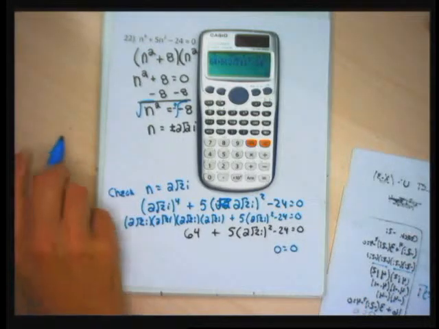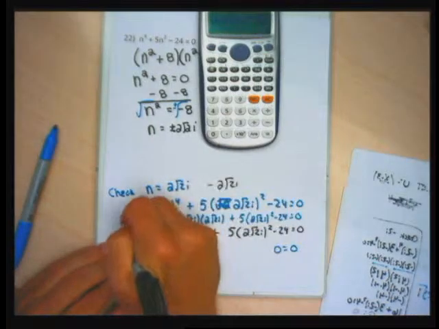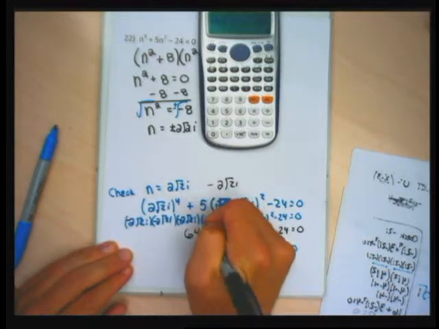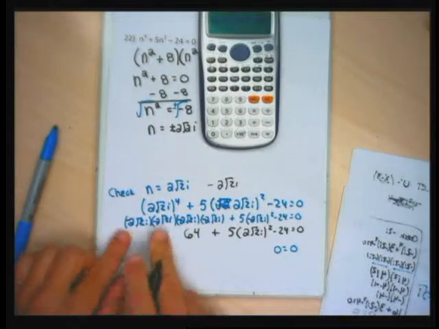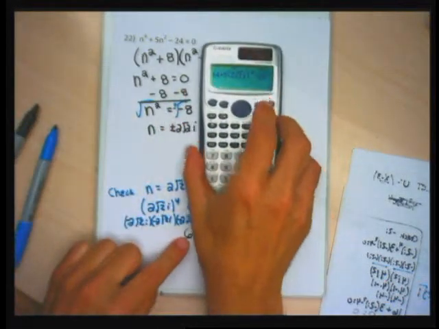Now I want to check the negative 2 square root of 2i by making each of the 2's negative. So I'm going to do this piece. If you're clever, you'll know that you're going to get the same thing, but I'll do it anyway.